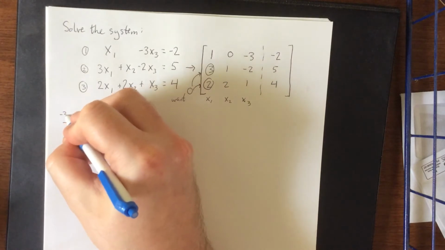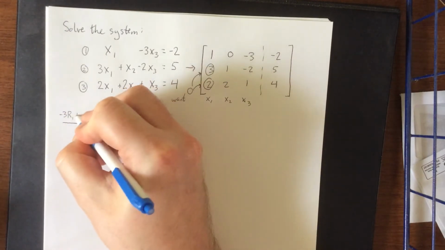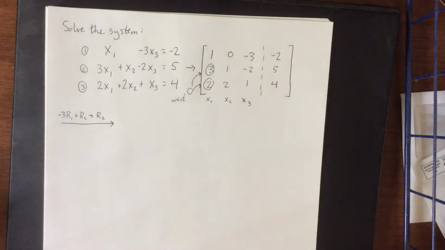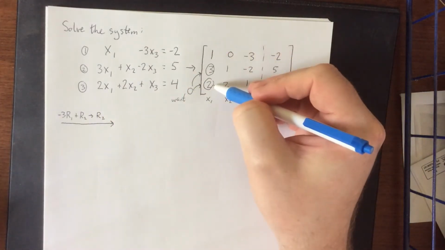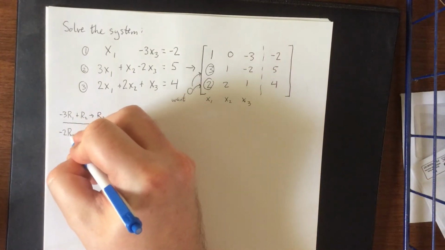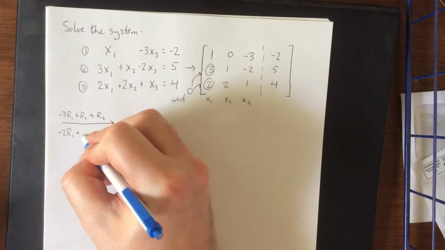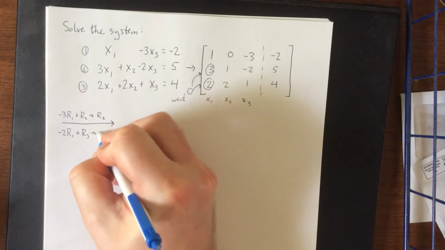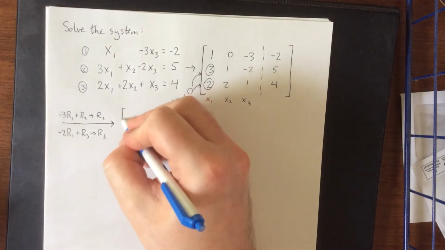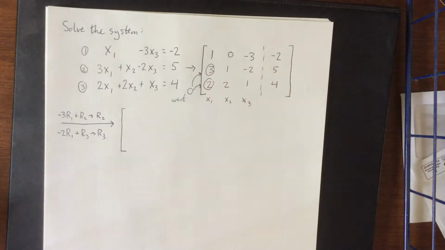So we'll take negative 3 times that lead 1 in row 1, add it to the second row, and that'll become the new second row. Then we'll do a similar thing with the first and third rows. We have a positive 2 there. We'll add to that negative 2 times the first row plus the third row. That'll become the new third row.